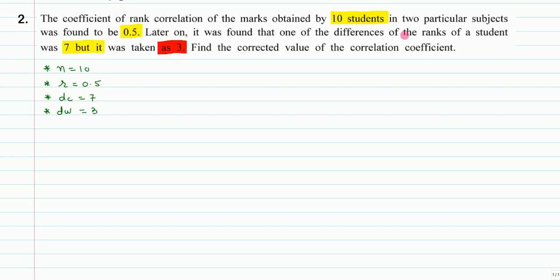Okay, see again, read this line: the difference of the ranks of a student was 7, but it was taken as 3. So the actual value is 7 and wrongly it was taken as 3. Find the correct value of R.